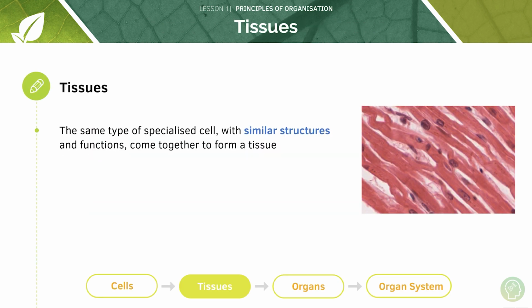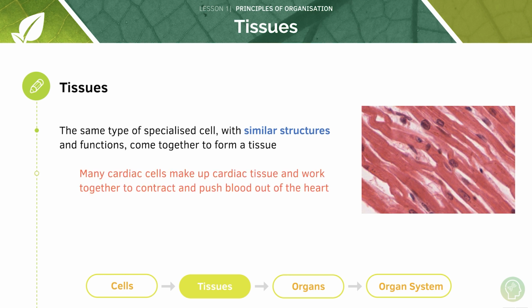So now let's take a closer look at tissues. So the same type of specialised cell with similar structures and functions can come together to form a tissue. So for example here we can see many cardiac cells making up cardiac tissue. So if I just try and make this a bit clearer for you, this would be a cardiac cell here.